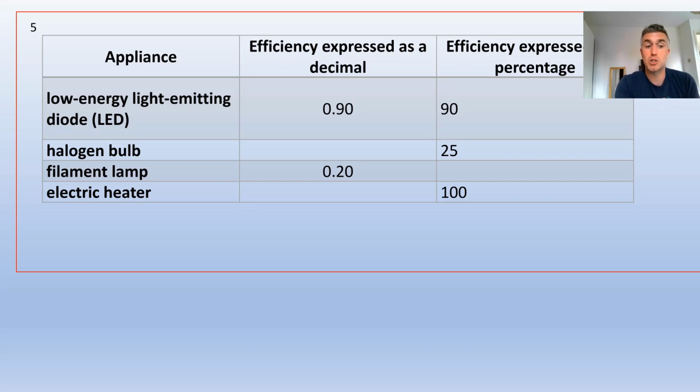If it's 0.2, times it by 100, that gives it as a percentage. Can you work out what it is for the halogen bulb and the electric heater as a decimal? You don't have to draw the whole table out, just write halogen bulb as a decimal, write down the answer. Lamp as a percentage, write down the answer, and a heater as a decimal, write down the answer. Unpause when you're done.